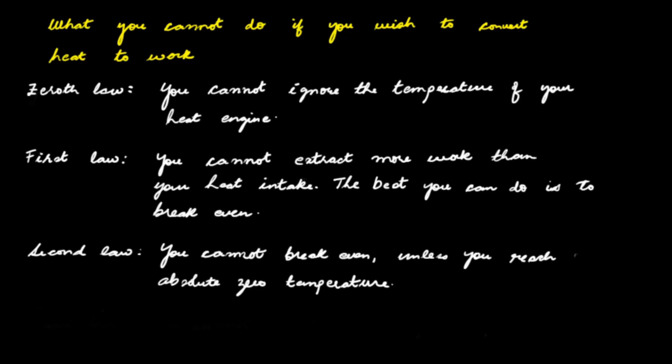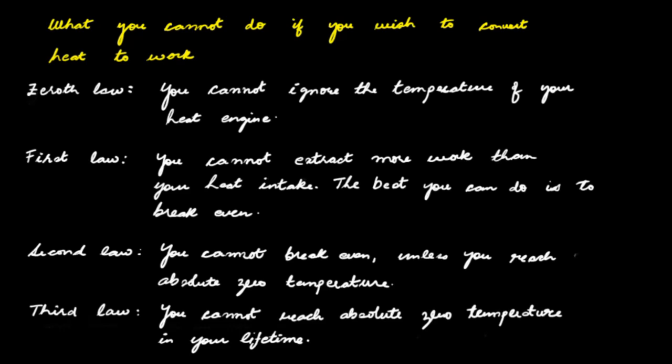But then comes the second law, that is another rule that nature imposes if you wish to convert heat to work. And the second law says that you cannot even do that much work that is equal to the heat intake, and you cannot break even unless you reach the absolute zero temperature. But the third law comes and it says that you cannot reach absolute zero temperature in your lifetime. So what do you think about your prospects in this game?